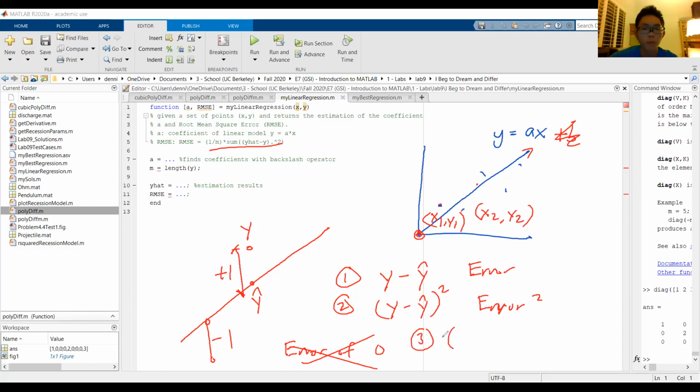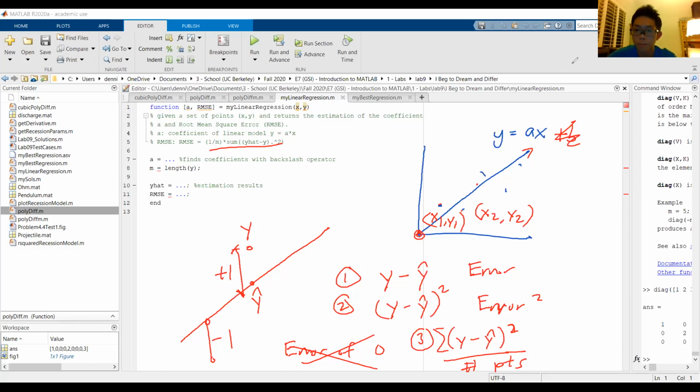Now, to add them all up, I'll write the sigma, sum of y minus y hat squared. Notice that the order of these doesn't matter because we're squaring it. And then we'll divide that all by m, the number of points. And that's going to be the root mean square error.